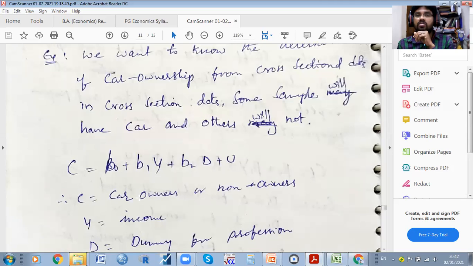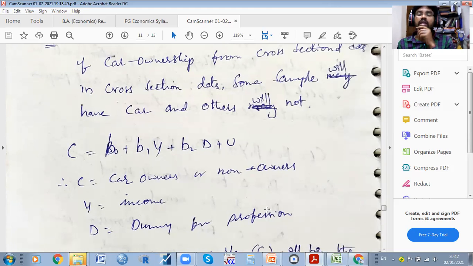C is nothing but car owner or non-owner. Beta 1 is the slope of income, and D is for dummy. So the profession, for example, if you take the cab driver, some may have cars, some people don't. For example, if you are a student and have the car, yes, I can put 1. If you don't have the car, I cannot put the 1 for the car.